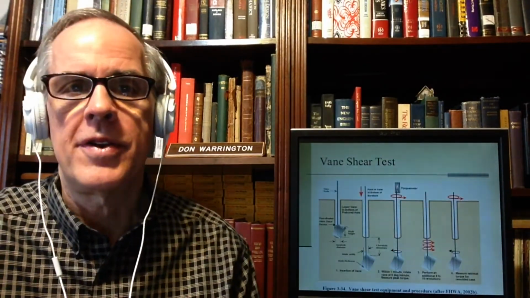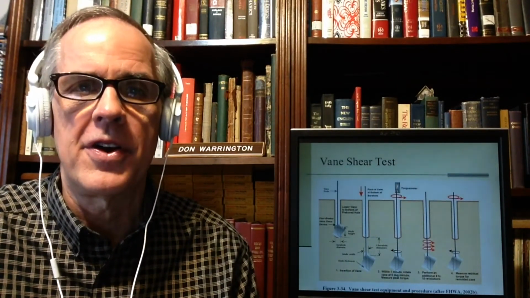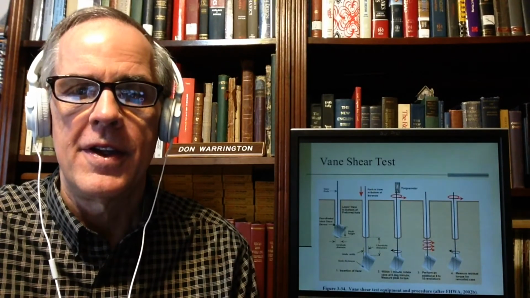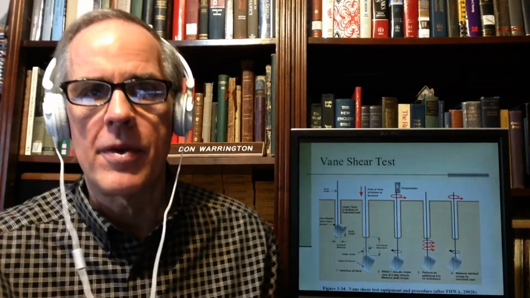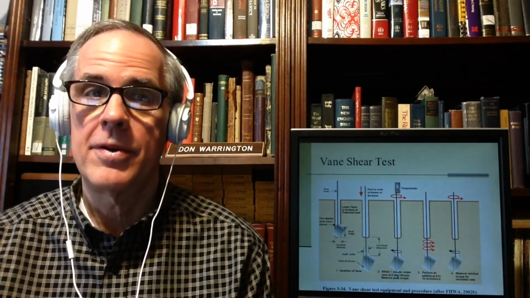The last one is probably more important than the others for stratigraphies in this area, which are mostly cohesive: the vane shear test. One of the things you're going to find out, and I mentioned it before, is that disturbed tests are not necessarily easier, because getting an undisturbed sample out of the ground is not always the most straightforward thing to do.